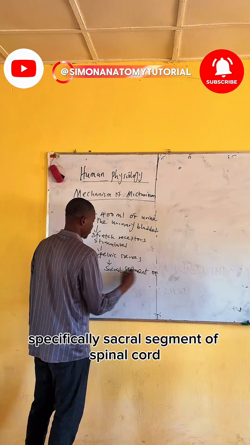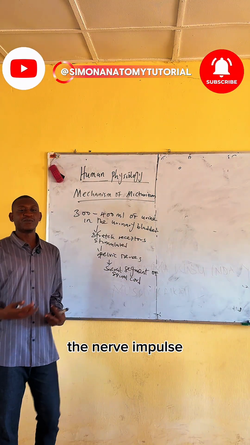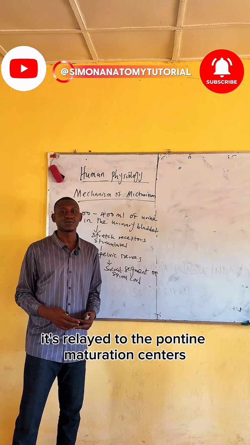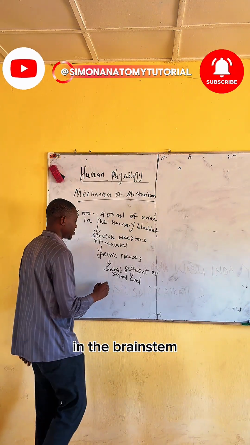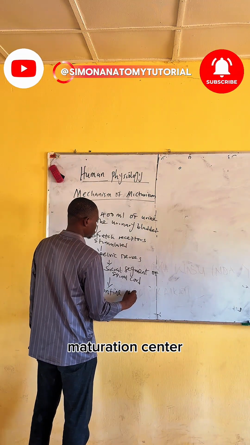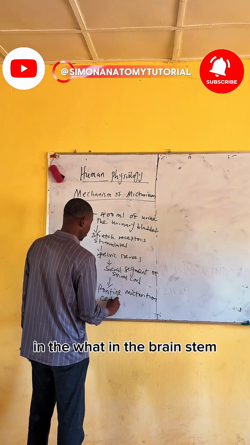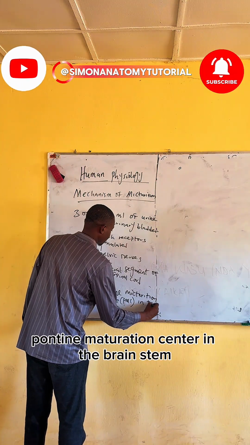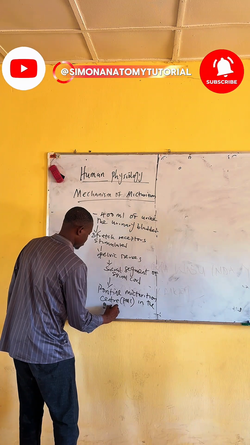Nerve impulses from the sacral segment of the spinal cord are now relayed to the pontine micturition center in the brainstem.